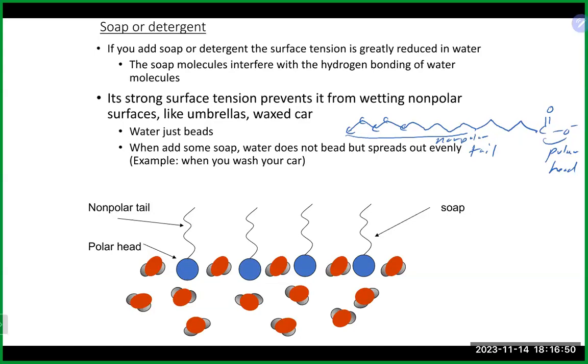That works really well for how soap actually works, because most dirt is nonpolar. Which means when you use soap, the carbon side of soap will surround the dirt, and it will line up the polar part of soap on the outside.